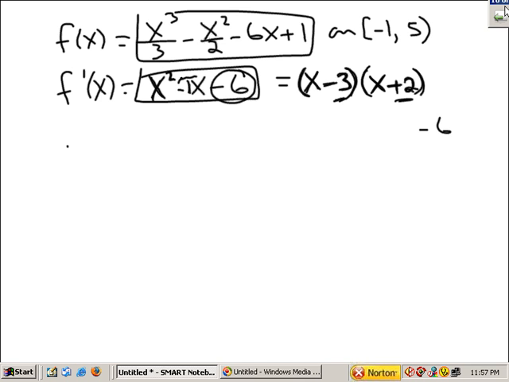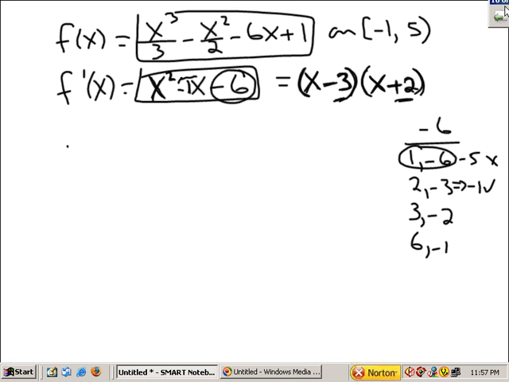I mean, you can verify it. 1 times negative 6 is negative 6. 2 times negative 3 is negative 6. 3 times negative 2 is negative 6. 4 doesn't go in. 5 doesn't go in. 6 does. These numbers add up to negative 5, which is not what we want. These numbers add up to negative 1, and that's what we want. So in the brackets, I put positive 2 and negative 3.